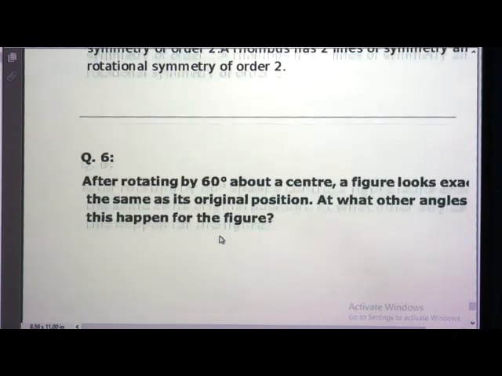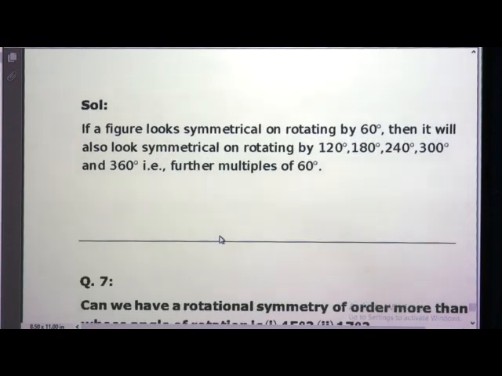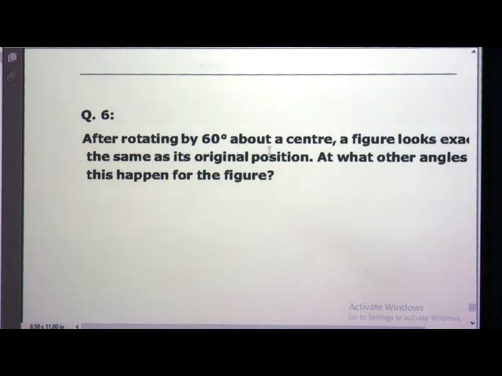Now, after rotating by 60 degrees about a center, a figure looks exactly the same as its original position. At what other angles does this happen for the figure?